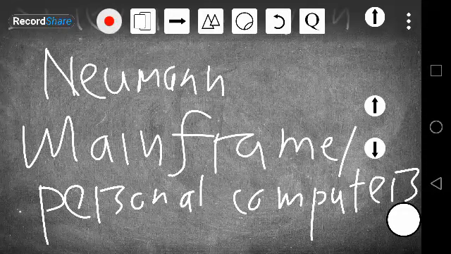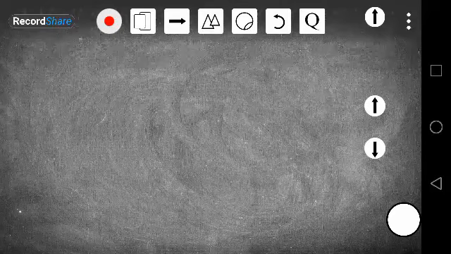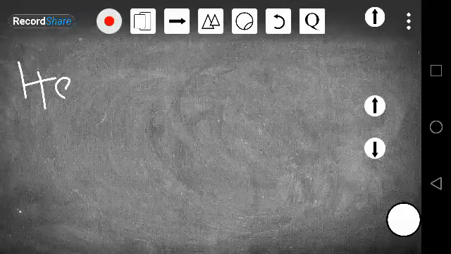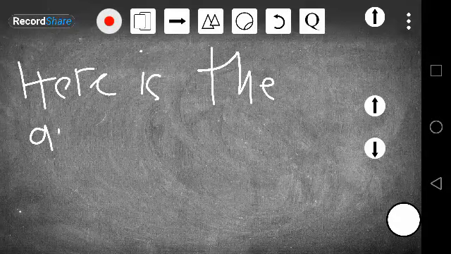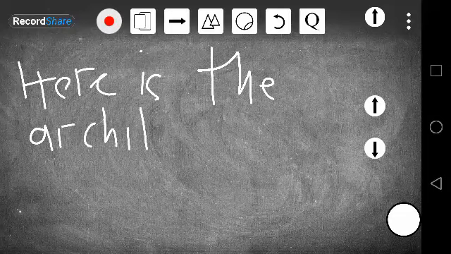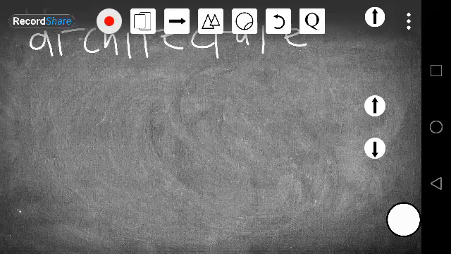Now, here is the architecture. I'm gonna explain. So we have the input here.